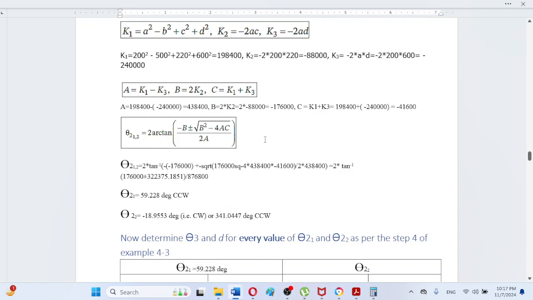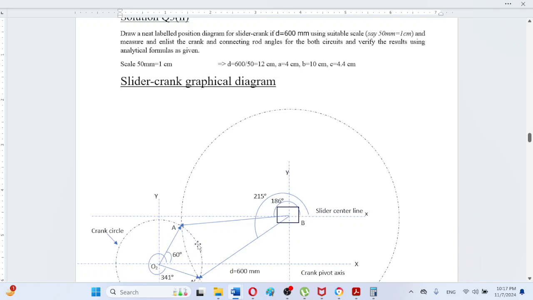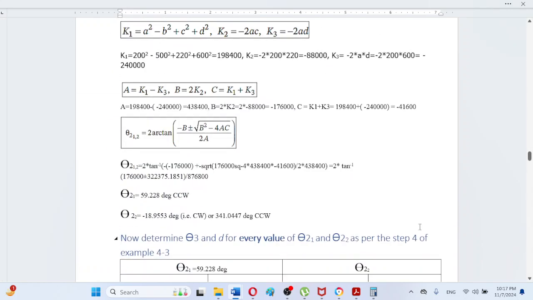Because in the slider crank, the slider is the input and the crank is the output, so the crank has two possible locations, as shown here. So in this way we will be obtaining two values of the crank.